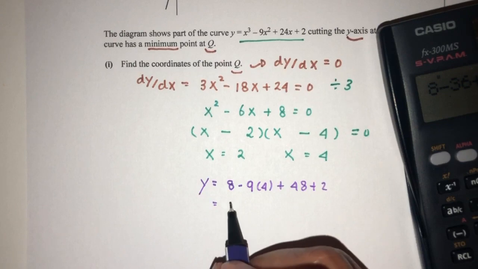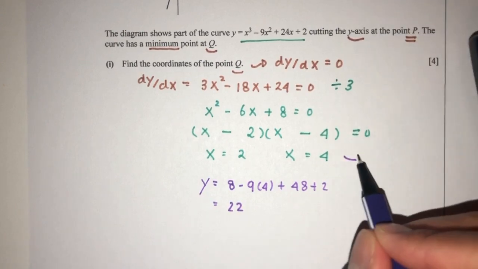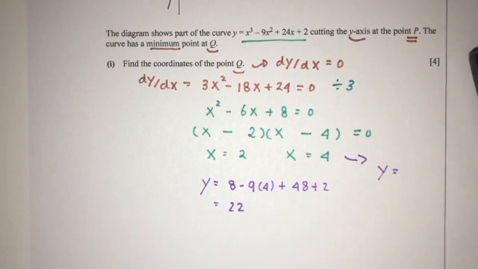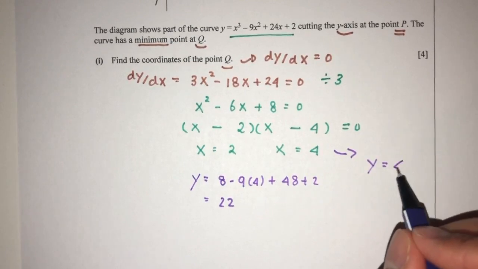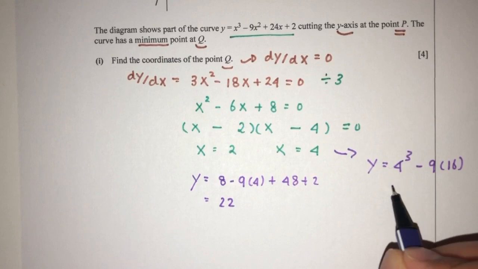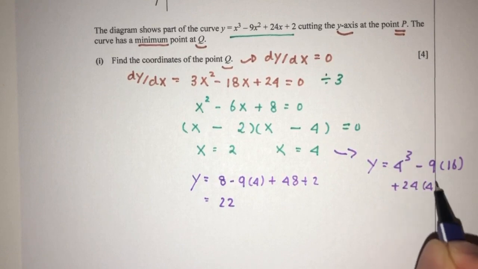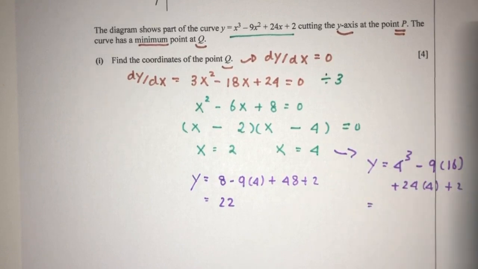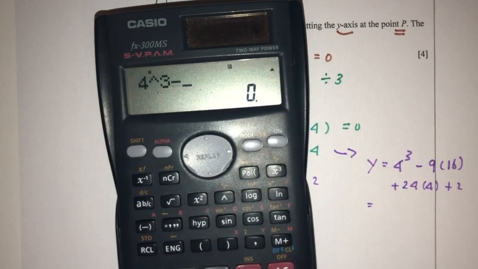That will be 22. Now for this one, y has to be what? So that will be 4 power 3 minus 9 times 16 plus 24 times 4 plus 2. Let's see what do we get. That will be 18.